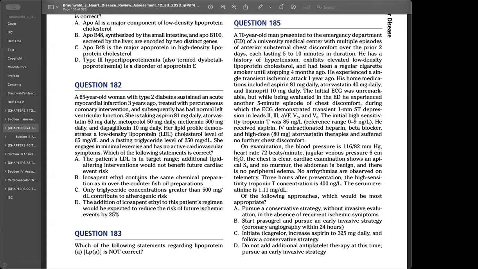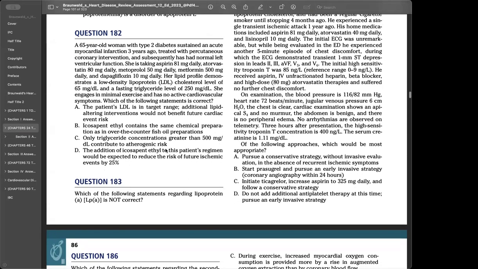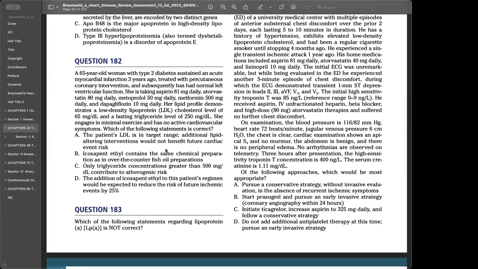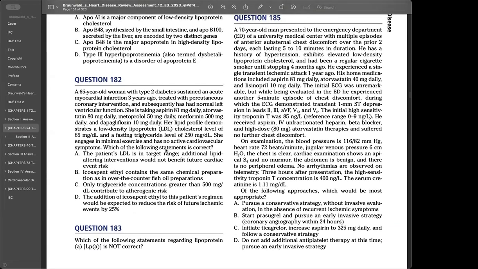So looking at this, I feel this patient will need coronary intervention. So I'm torn between two options, B and D. So I'll need help with this one.